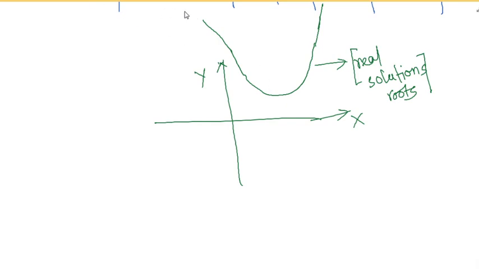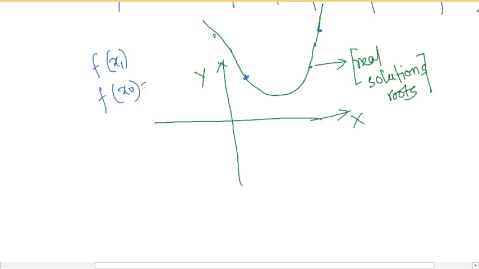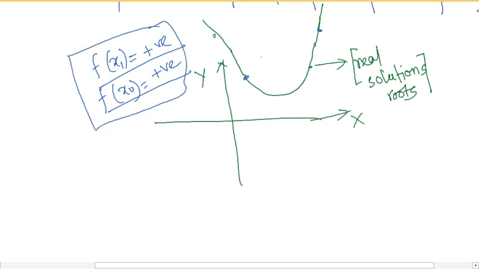But in this case, what will be the initial guess? You can take guesses after guesses, but you will always be getting xl, function of xl and f(xu), always getting positive values. So you cannot get any sign change over there.